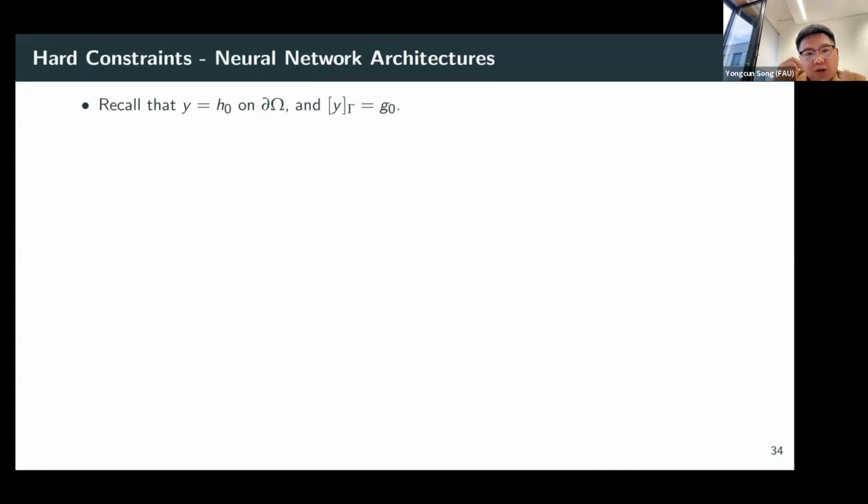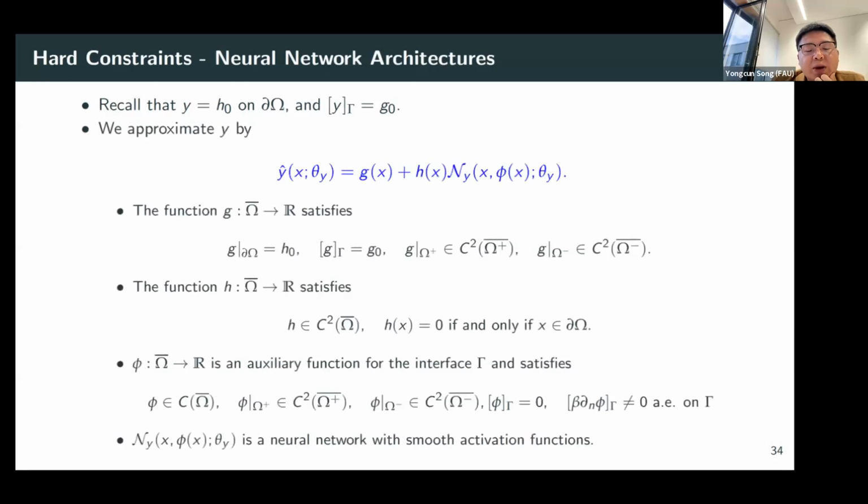We would like to impose these two conditions, the boundary condition and the interface condition. And then we approximate Y by this neural network. Here G(x) satisfies, at the boundary, the boundary condition, and it satisfies the interface condition, and it is piecewise C2.